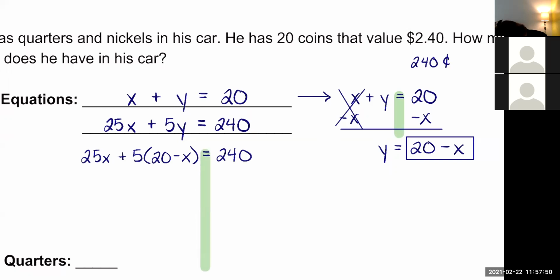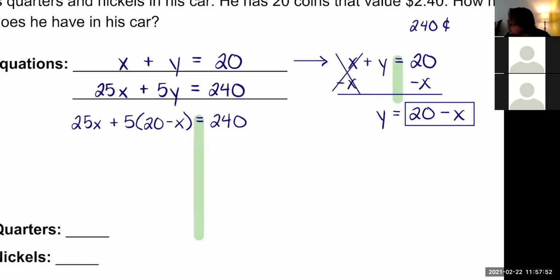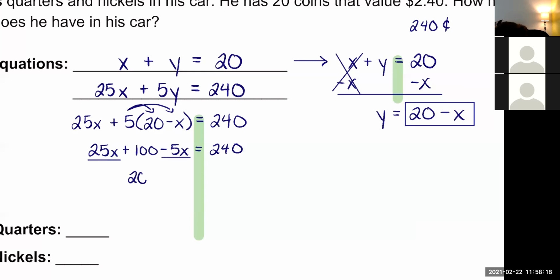And then I go down the journey of solving this equation, following the process I've used before. So parentheses first, distributing the 5. This is going to become 25x plus 100 minus 5x equals 240. Combine like terms, 25x and negative 5x will give me 20x plus 100 equals 240.